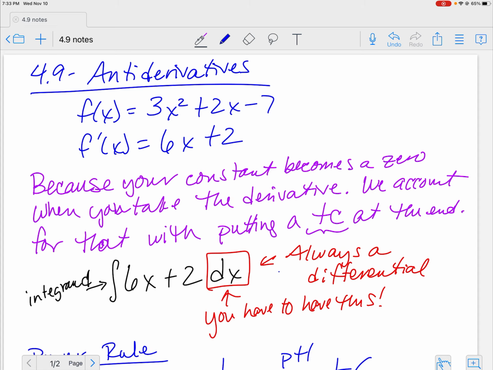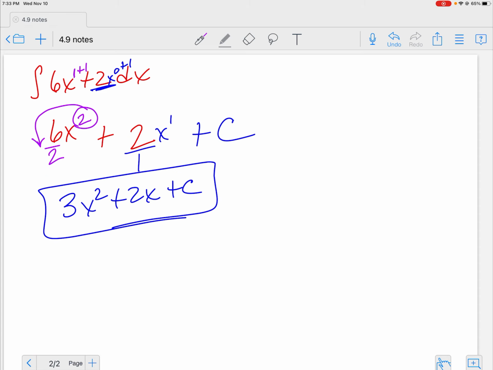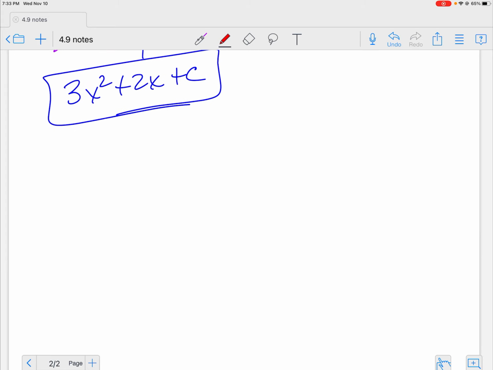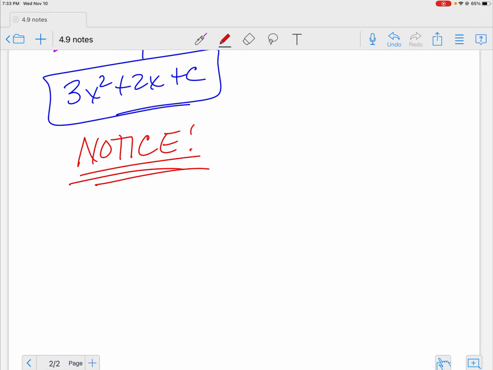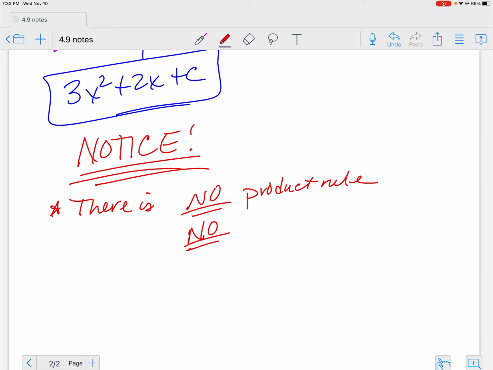All right? Now here's a caution. Notice this. There is no product rule, no quotient rule, no chain rule.